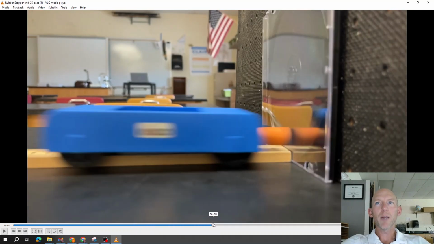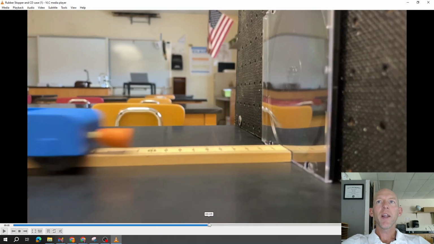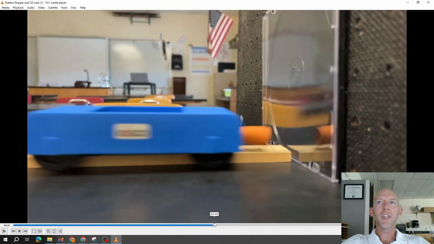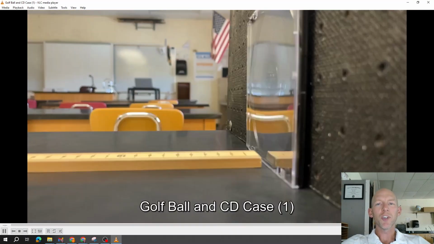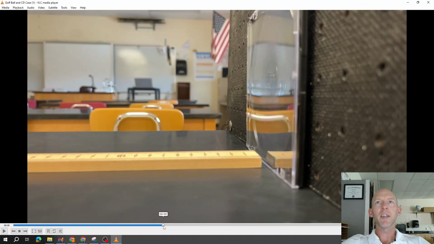So its shape changed just a little bit. And we noticed the CD case bent a little. So even it changed shape. We noticed the same with the golf ball and the CD case. Although we weren't sure that the golf ball changed shape, we knew or thought for sure that the CD case changed shape. We thought it bent.